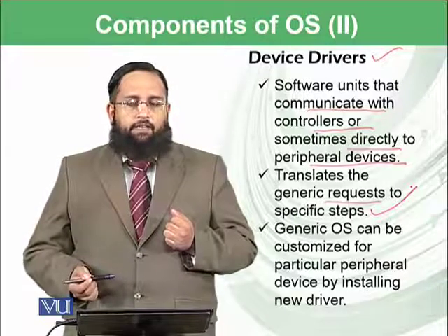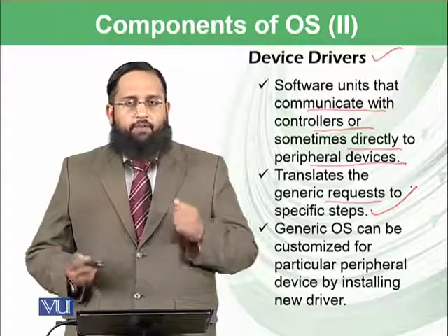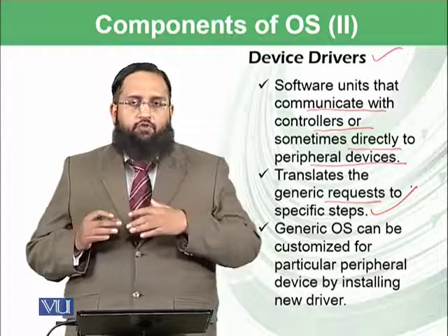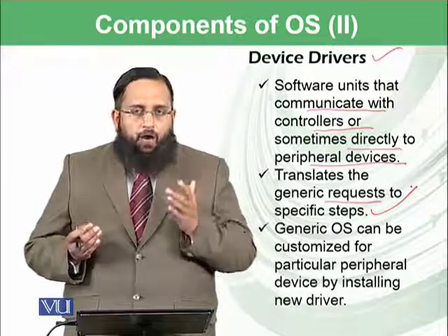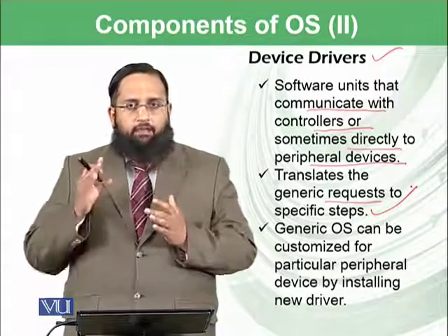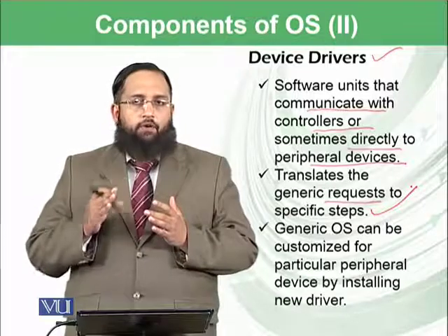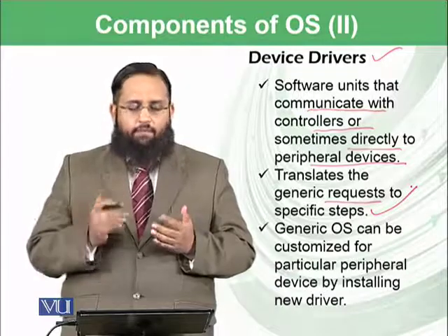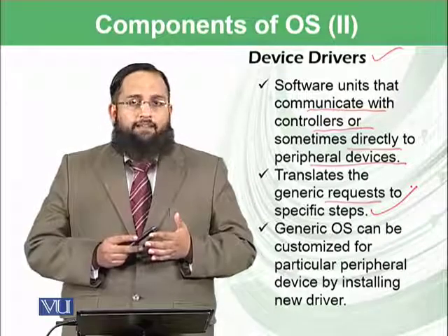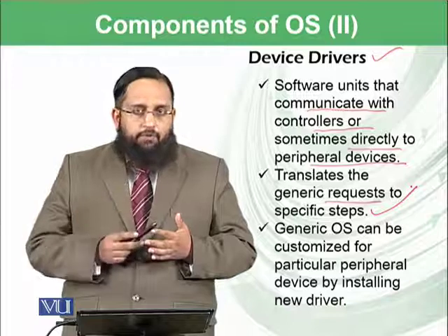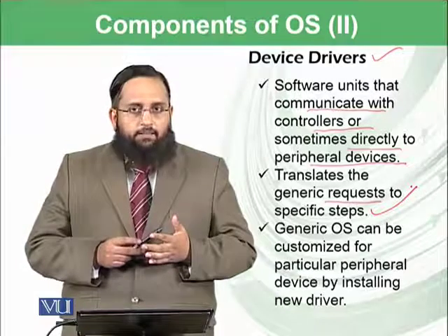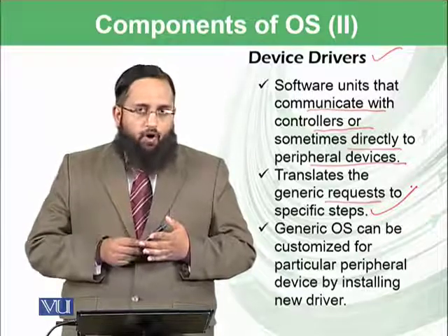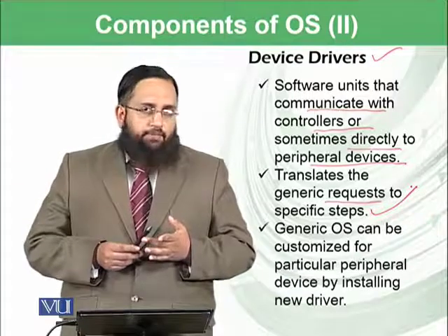Maybe there is a generic step, like on your computer you press Control plus P, which means you want to print. But how will the printing be done? The device driver will translate your request into very specific tasks. For example, first it will check whether there is a printer attached to your computer that is accessible, that is on and not off, and that has a page available.